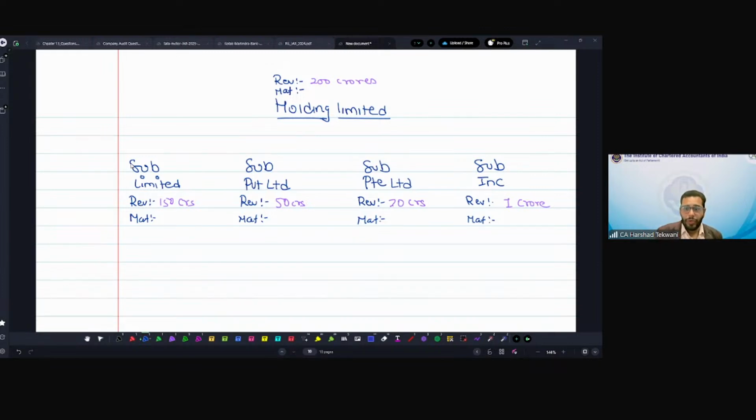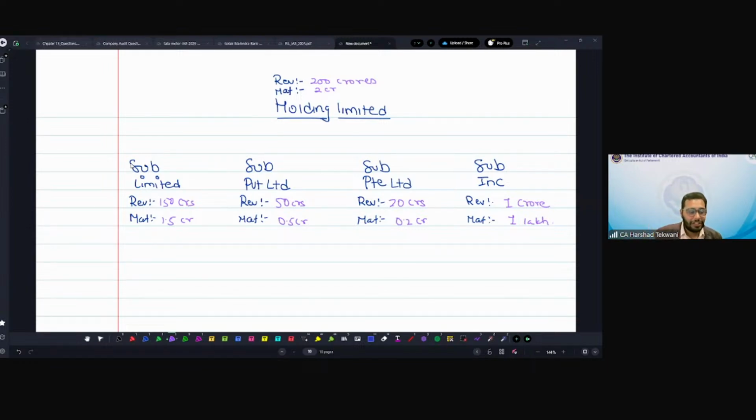In this case, 200 crores gives 2 CR. Here, 1.5 CR. Here, only 0.5 CR. Here 0.2 CR. And here, for 1 crore, the materiality will be 1 lakh. Any amount more than 1 lakh rupees will be material for them.